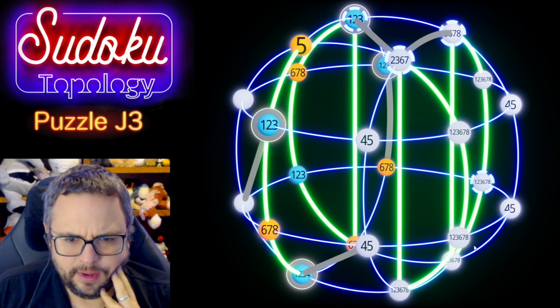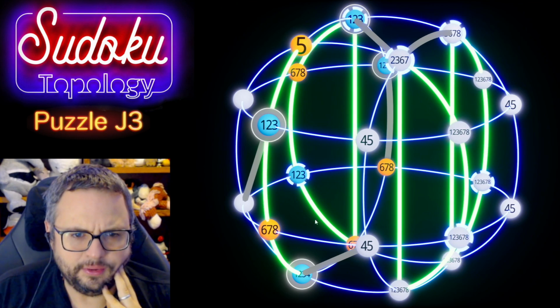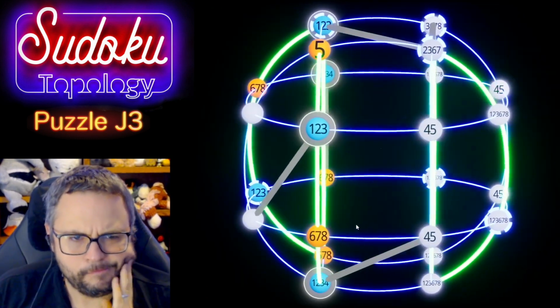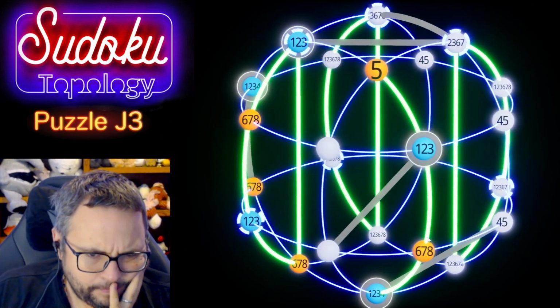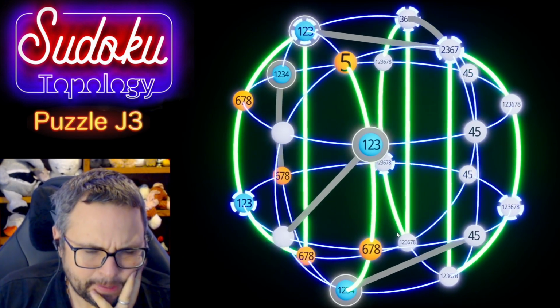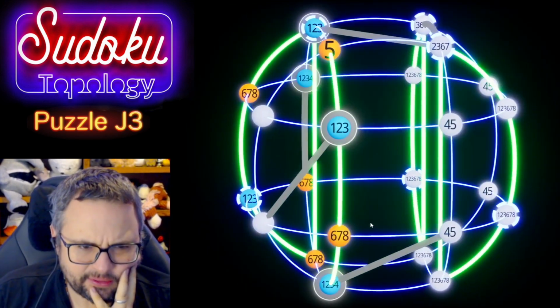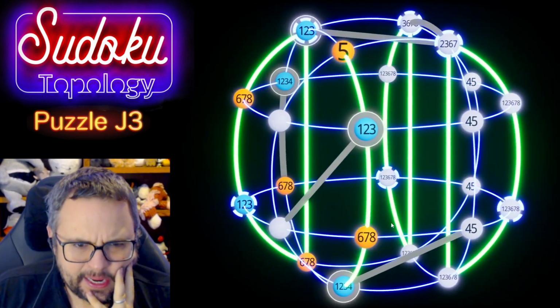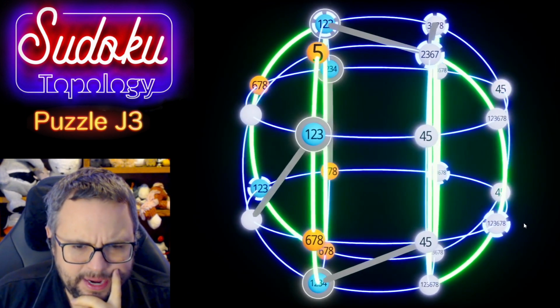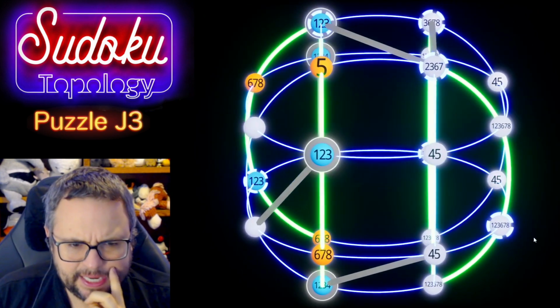And now these cells would all be 1, 2, 3. That doesn't feel bad, unfortunately. That doesn't break immediately in the same way that the other broke, I don't think.